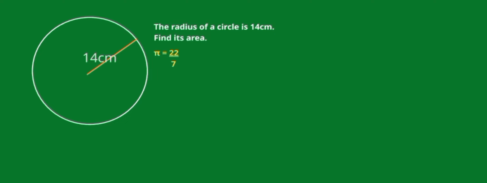For instance, here the radius is 14 centimeters and we are to find the area of the circle. Again, don't forget that the area of a circle, as earlier stated, is pi r squared.